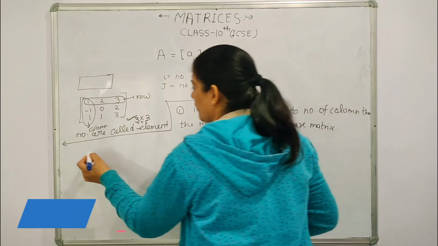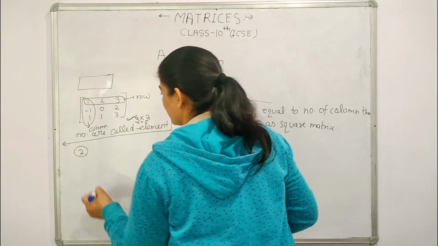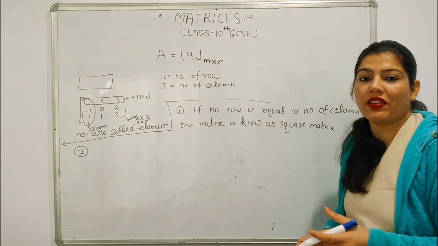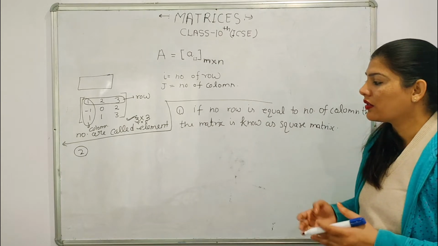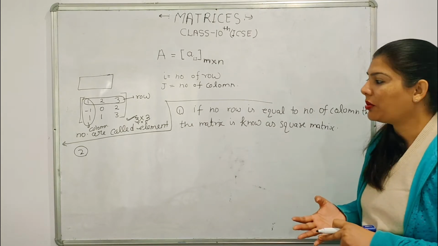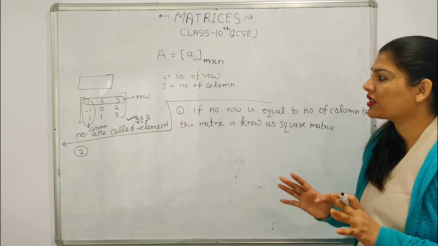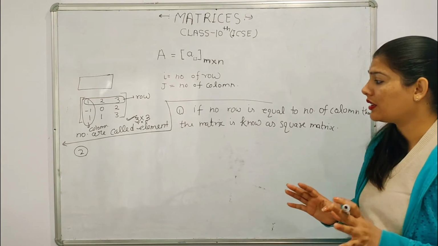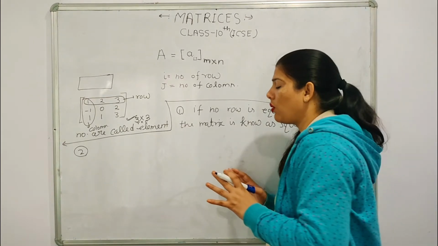Number 2, row matrix, column matrix, zero matrix, identity matrix. These are all the matrices in class 10th ICSE. We have to know about them.